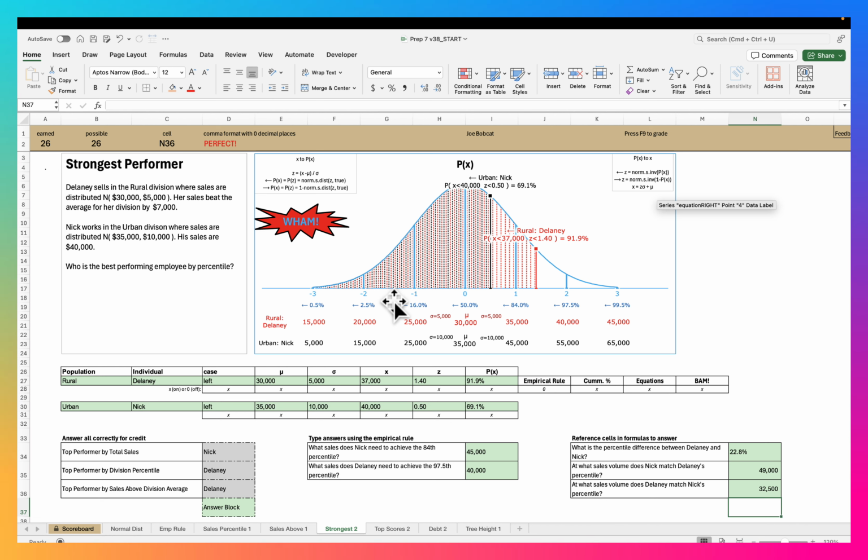So a lot going on here. What I want to point out is you've got lots of simultaneous axes. You've got the standard normal distribution, that's the 0, 1, 2, 3. You've got the percentile axis. You've got the z-score axis, the standard deviation axis for the rural population, the raw data axis for the rural population, and the standard deviation axis for the urban population, and the raw data for the urban population.